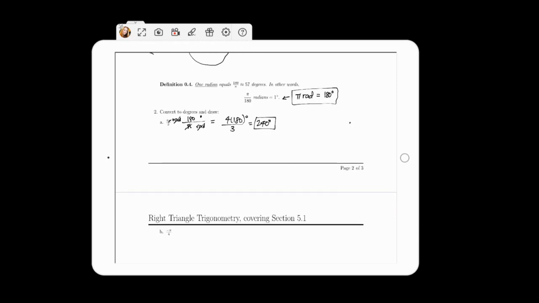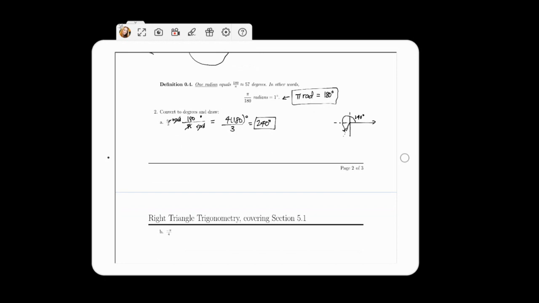And we can also draw what this looks like. I'll just break it up a little bit. So 240 degrees, if you want to think of it in terms of degrees, is 180 plus 60. It's right there.